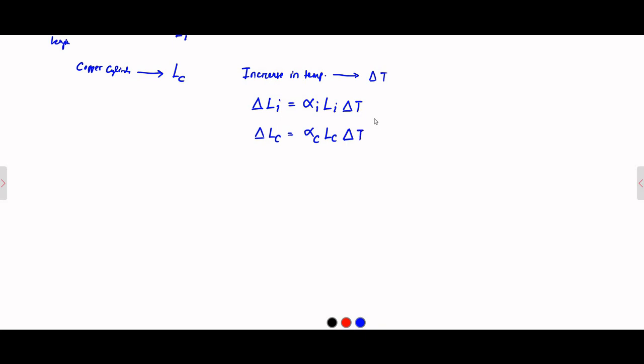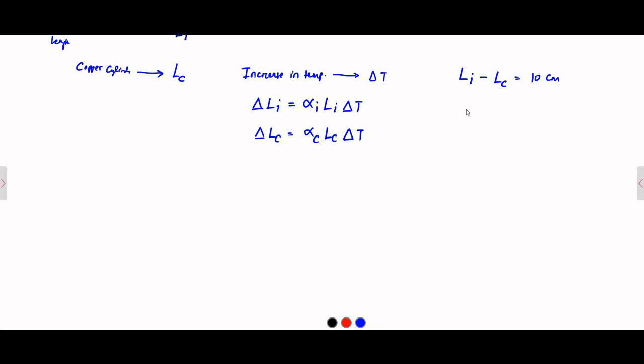Now, as per the condition in the question, the difference in lengths between the initial length of iron and copper cylinder is 10 centimeter, and also at any temperature, even after thermal expansion of both the cylinders, this difference should remain the same.